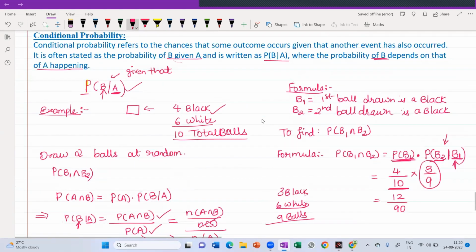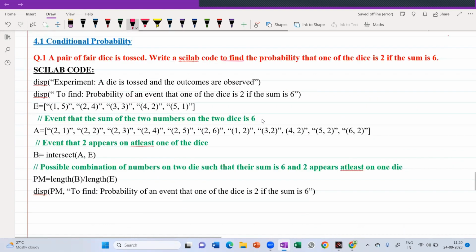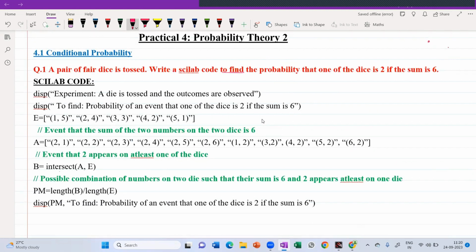Now let us understand the question. We are given that a pair of dice is tossed. We all know that whenever a pair of dice is tossed, there are a total of 36 possibilities. Write a Scilab code to find the probability that one of the dice is 2 if the sum is 6. Now here we are going to apply the concept of conditional probability.